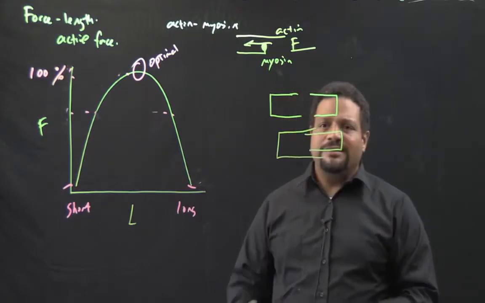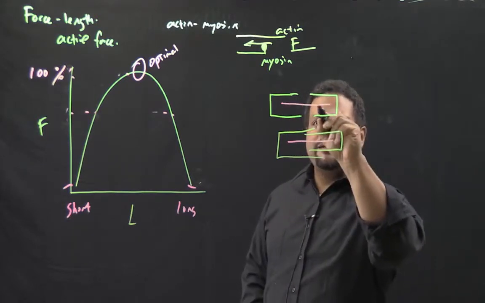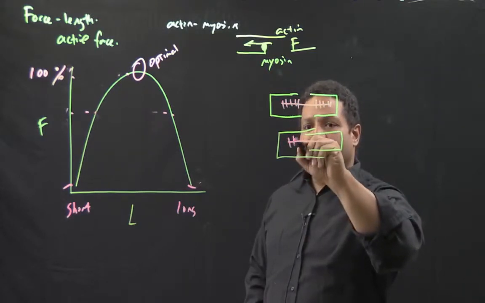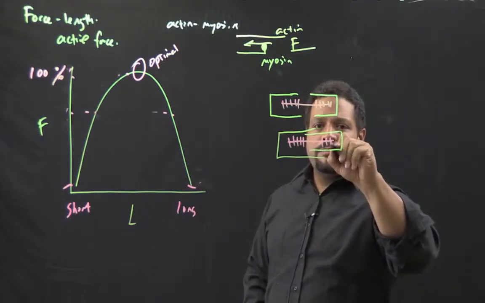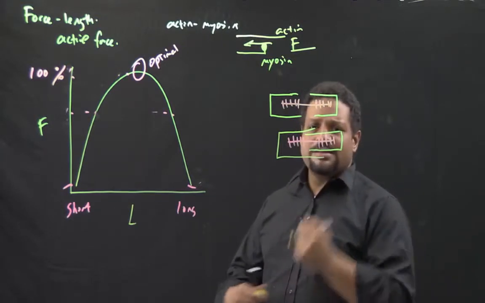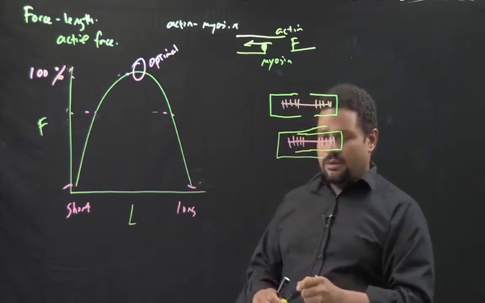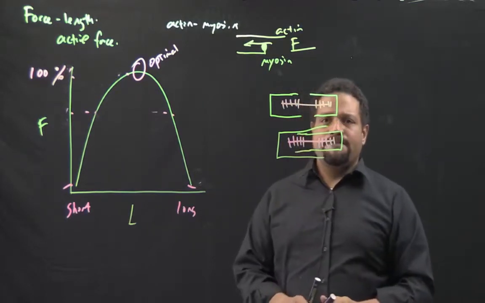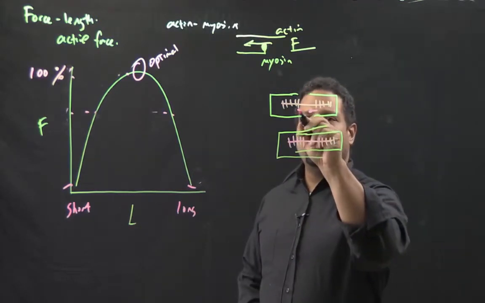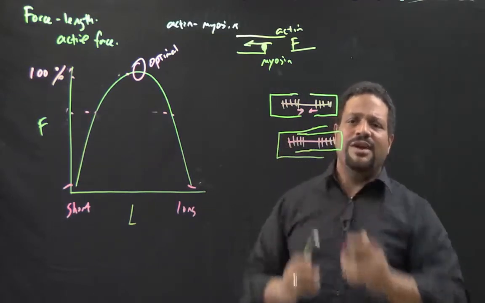So you don't get optimal myosin interaction with actin. So some of this actin will interact with that myosin. Okay, and as I mentioned before, this will be pulling this way, that will be pulling this way. So when it gets shorter, you get complicated interactions.